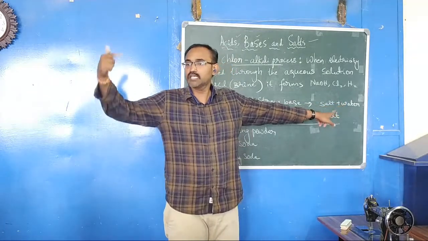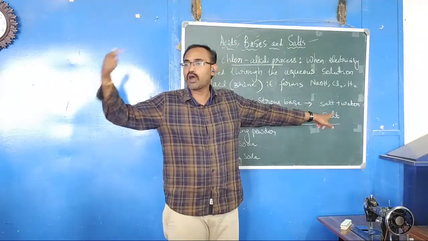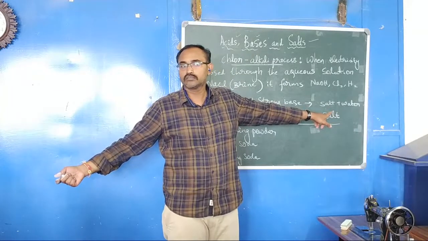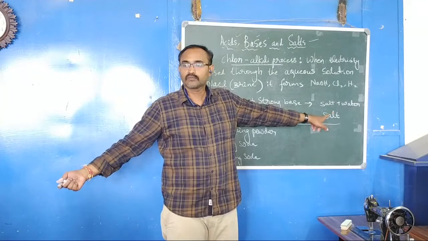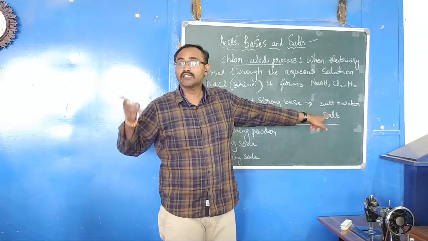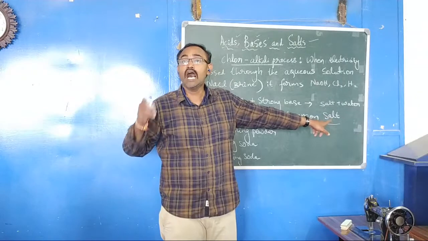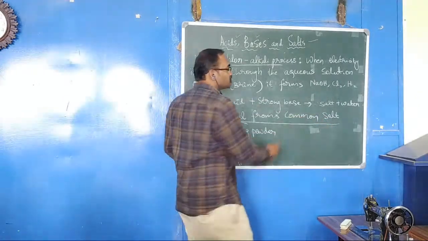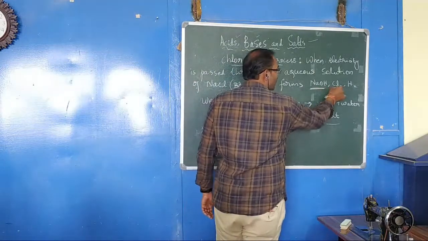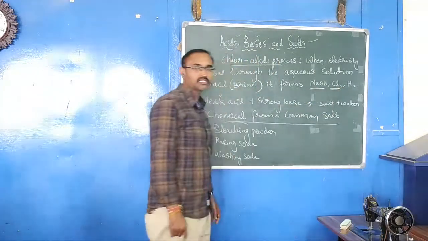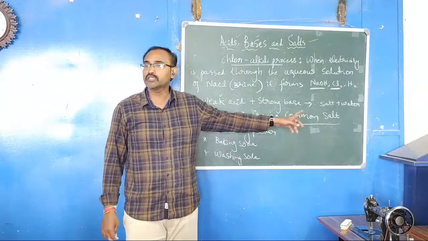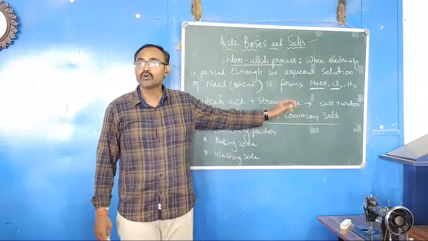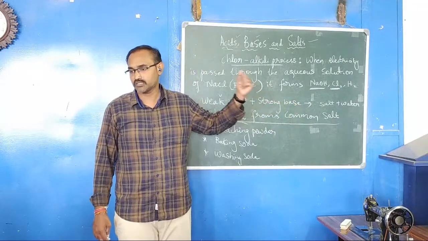The bases that dissolve in water are called alkalis. So here, this is the alkali and this is the chlorine. That is the product that is formed during the process. So the name is chlor-alkali process.